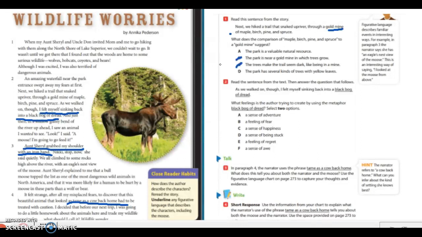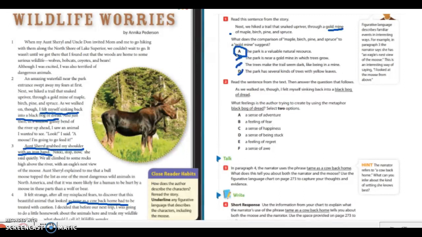D, the park had several kinds of trees with yellow leaves. Yellow does remind me of gold, but that is not the comparison we are looking for. The correct answer is A. The park has valuable natural resources, just like a mine has valuable natural resources, so that comparison would be correct.